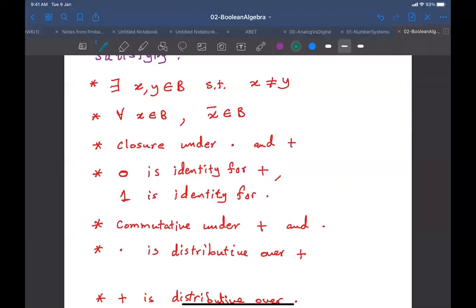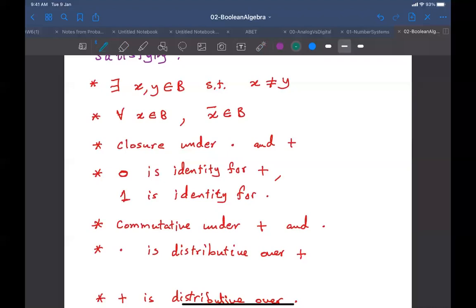Anyone? Wake up, guys. Does it mean that 0 represents plus? No, it's the identity. So when I say the 0 is the identity in addition, what does it mean?